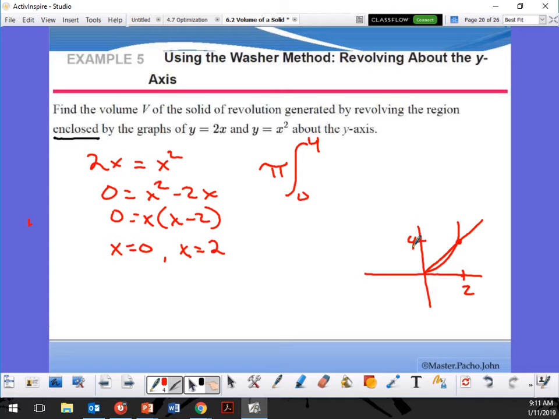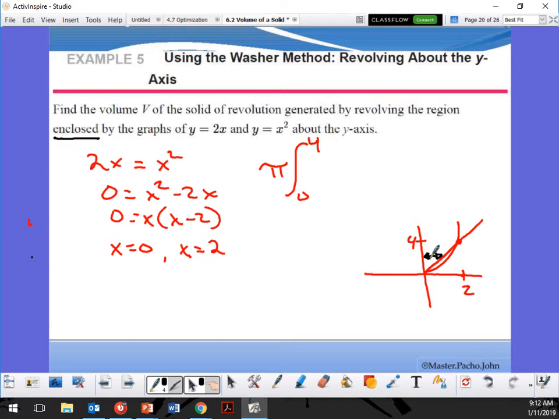If I'm revolving it around the y-axis, I need to know this distance here. Which one is going to be greater, on top right there?